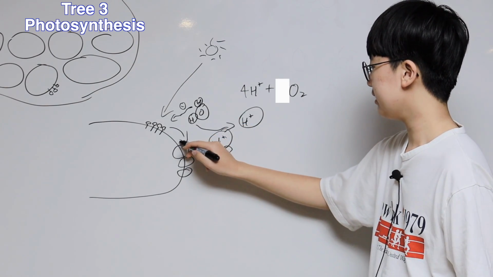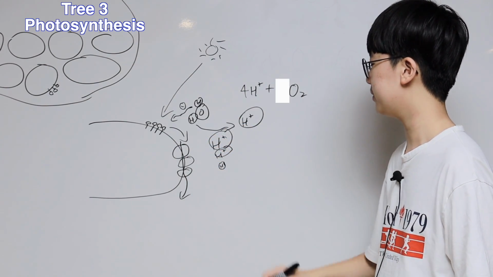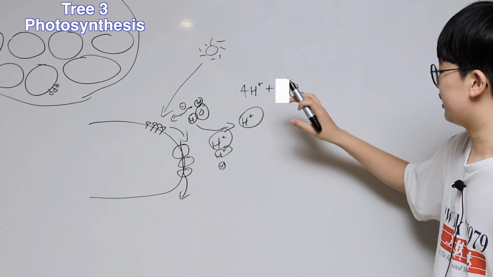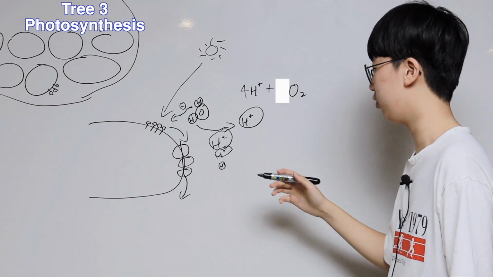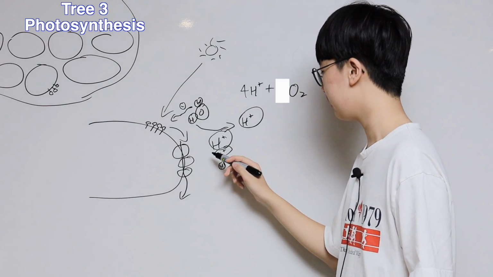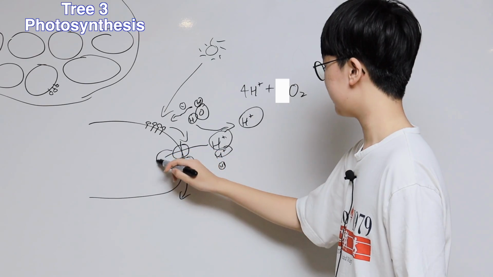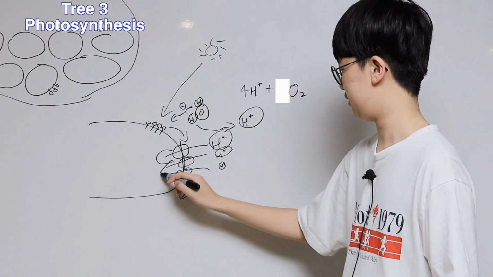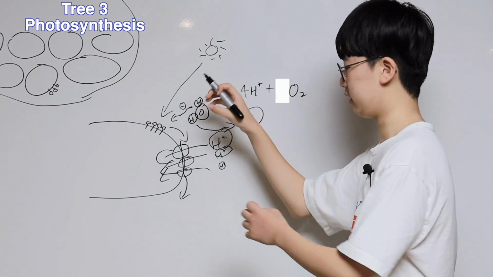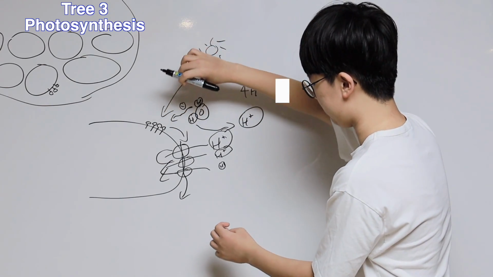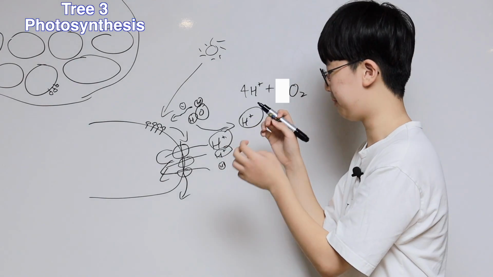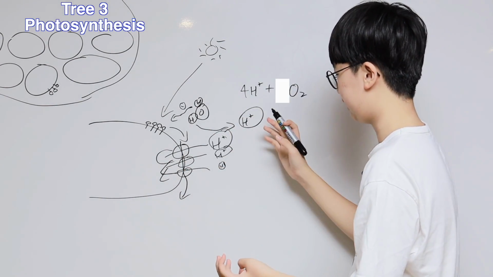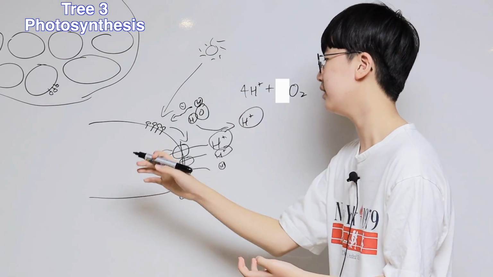As the electron passes through the pumps, these hydrogen ions or protons, they're the same thing, are pumped into the thylakoids because an electron has just gone whizzing by, and that gave the pump energy to pump the protons.